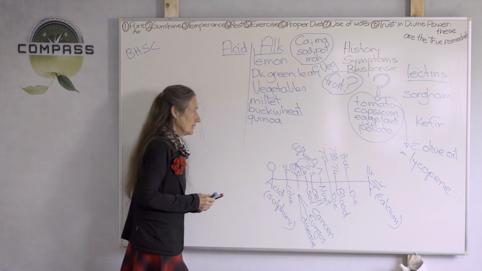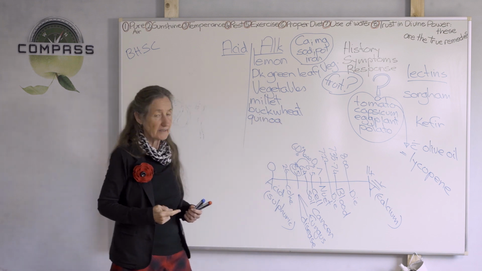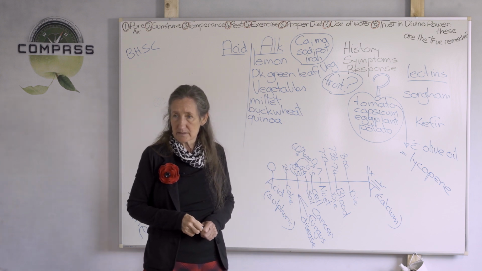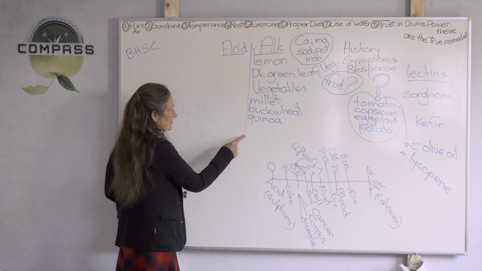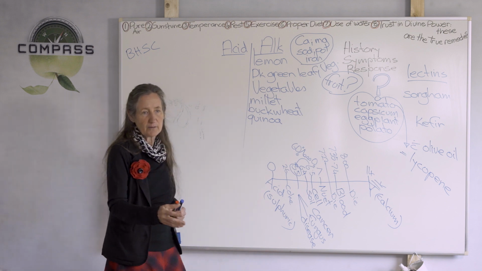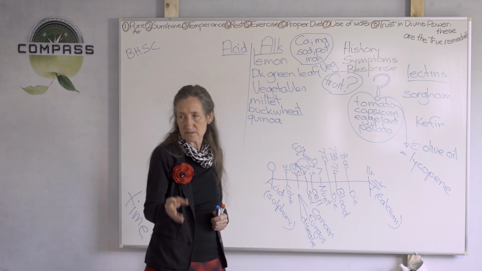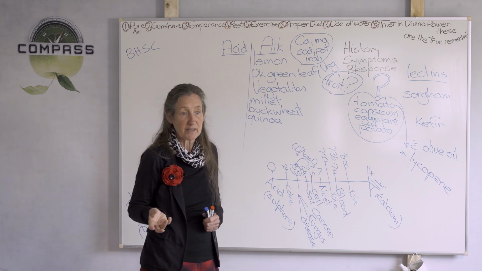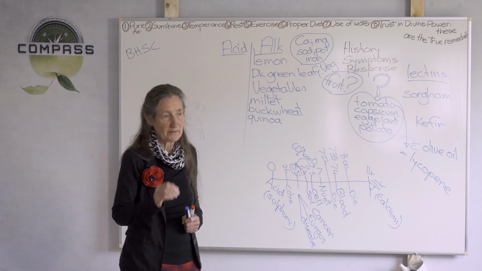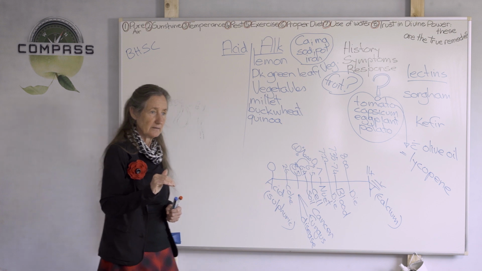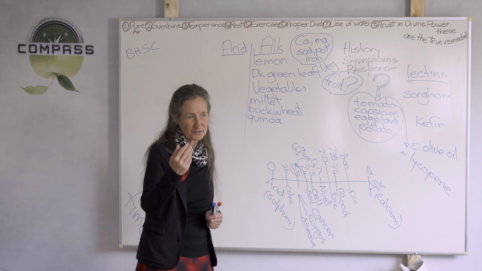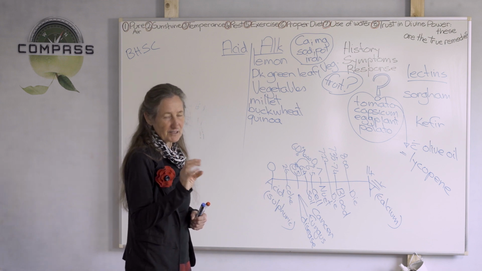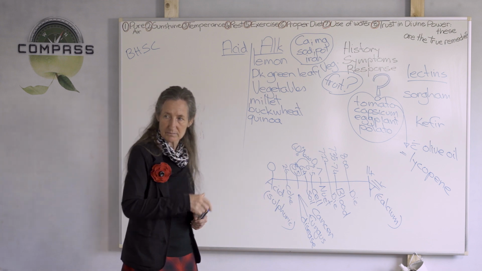It does have lectins in it, but traditionally the Aztecs, who are the ones that used a lot of quinoa, would rinse it several times over about 24 hours before they cooked it. And that apparently gets the lectins down. I think everyone who's ever cooked quinoa knows you've got to rinse it a lot, don't you? If you don't rinse it, you get that bitterness.